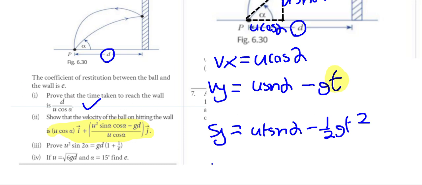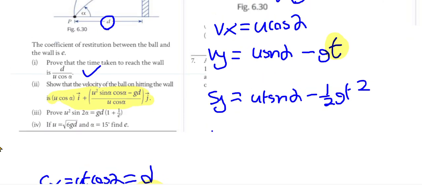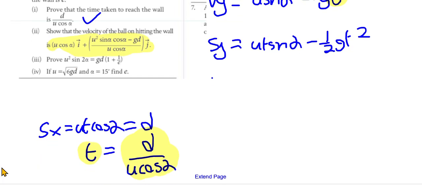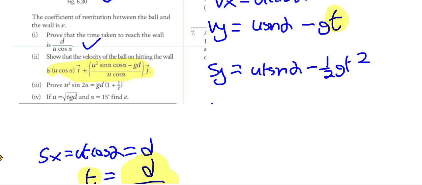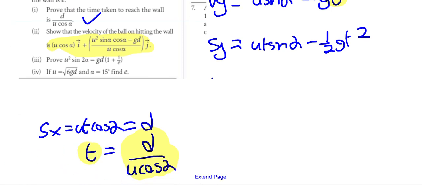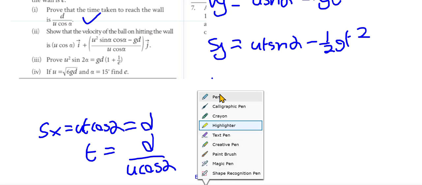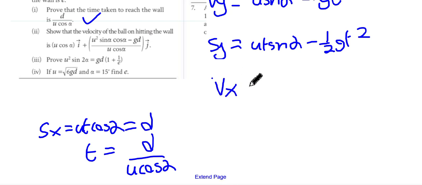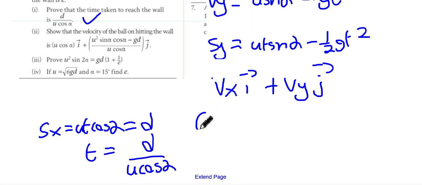You sub in the t value that you got in part 1 and you sub it into phi x and phi y, but phi x doesn't have a t value, so it stays the same. So what you're looking for is phi x times i plus phi y times j, but phi x stays the same. Phi x is just u cos alpha.